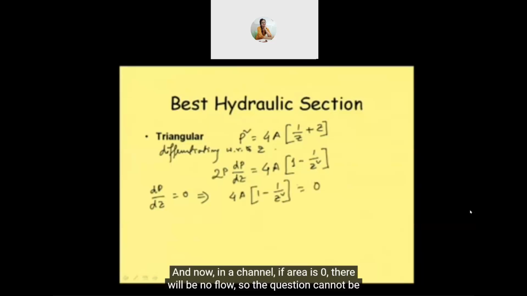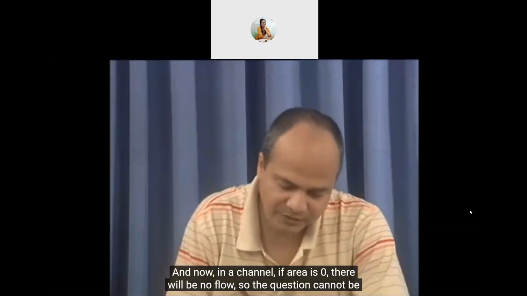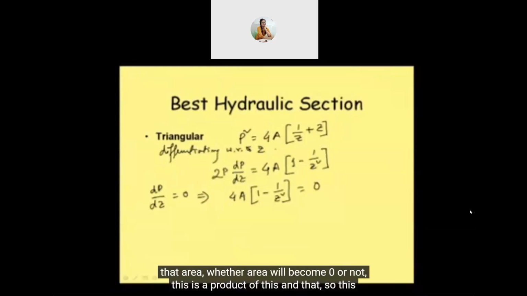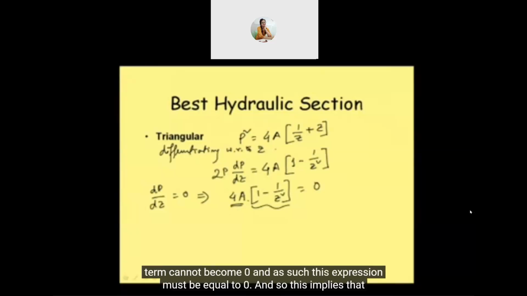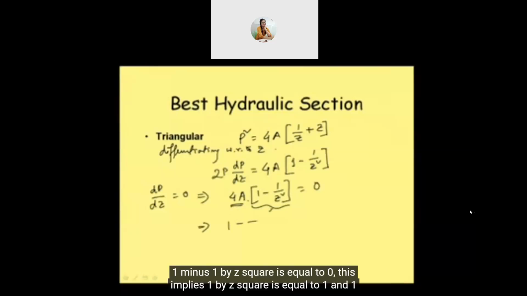Now in a channel, if area is 0, there will be no flow. So the question cannot be whether area will become 0 or not. This is a product of this and that item, so the area term cannot become 0. As such, this expression must be equal to 0, which implies 1 minus 1 by z square is equal to 0.